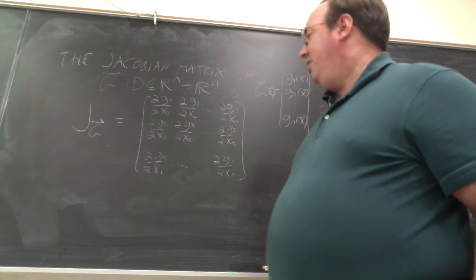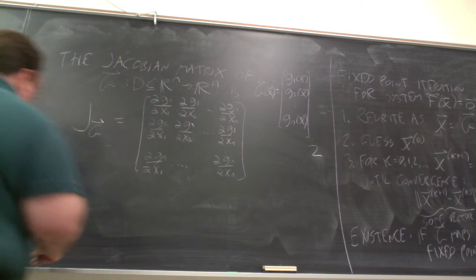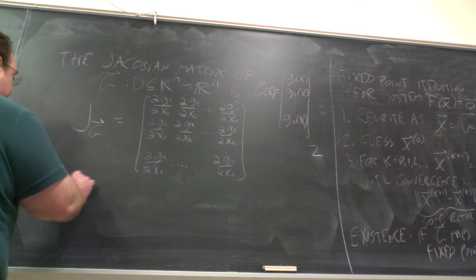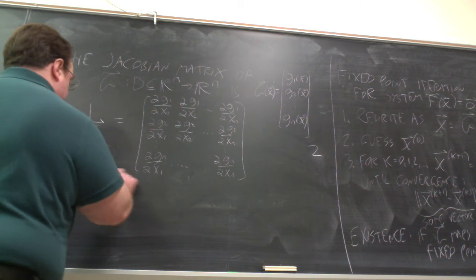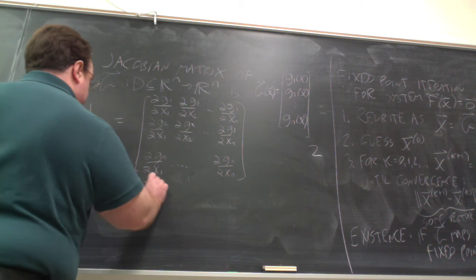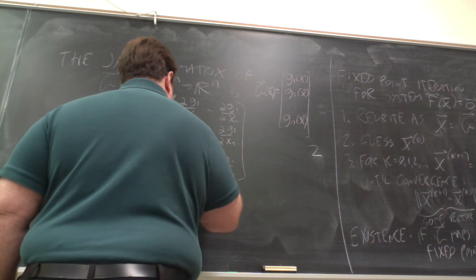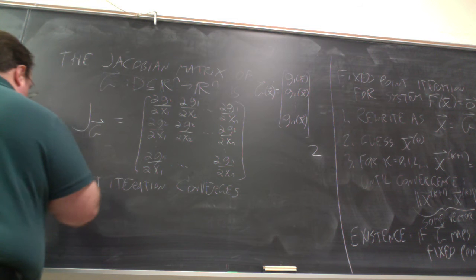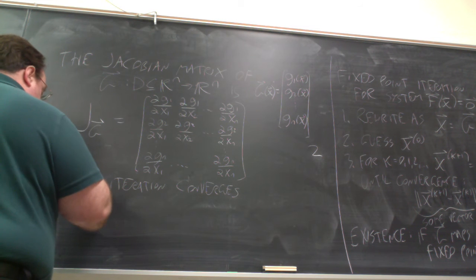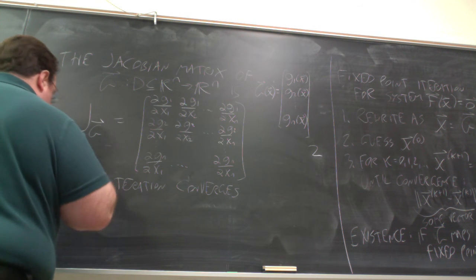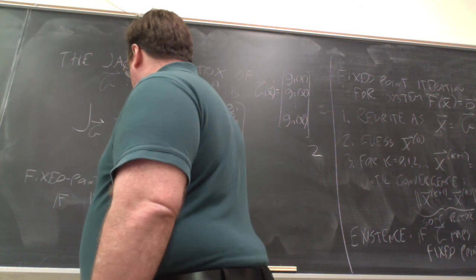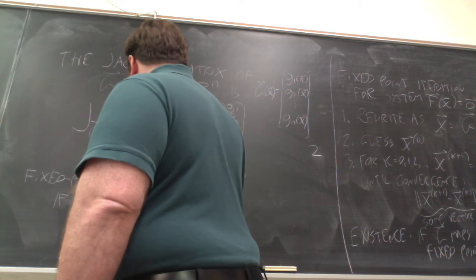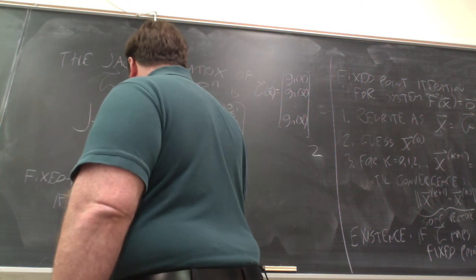So what we can say is that fixed point iteration converges if some matrix norm of the Jacobian is less than or equal to some constant, less than 1.